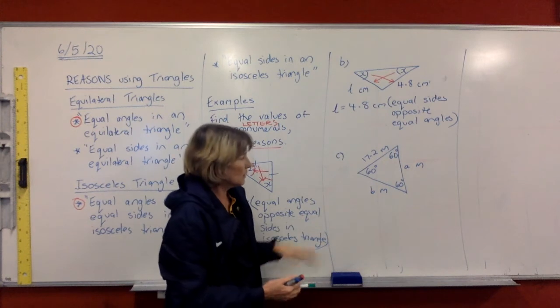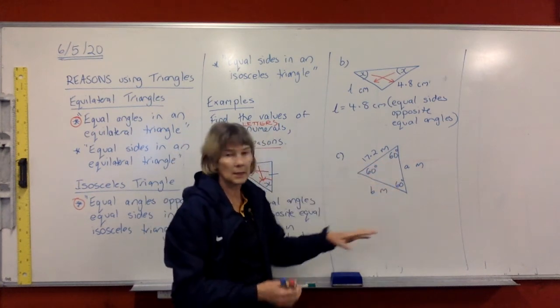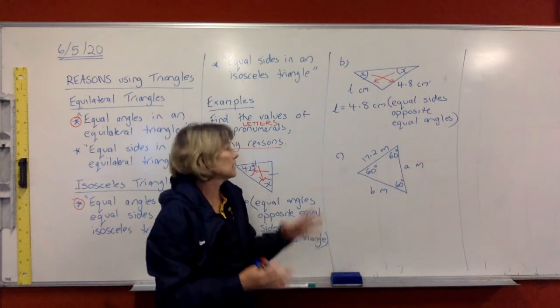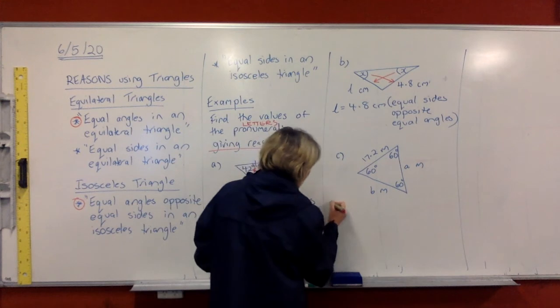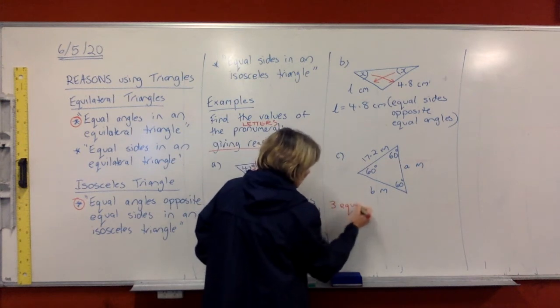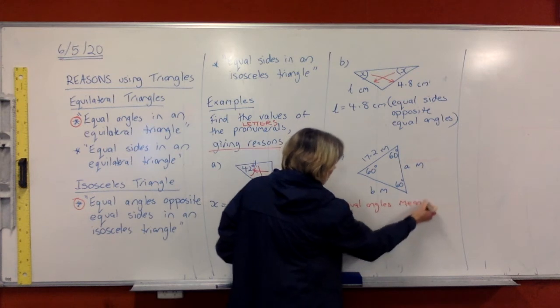Right down here, this one's an equilateral triangle. It's got 60, 60 and 60. Three equal angles means we must have three equal sides. Okay, so we'll write that in red so you remember what you're doing. Three equal angles means three equal sides.